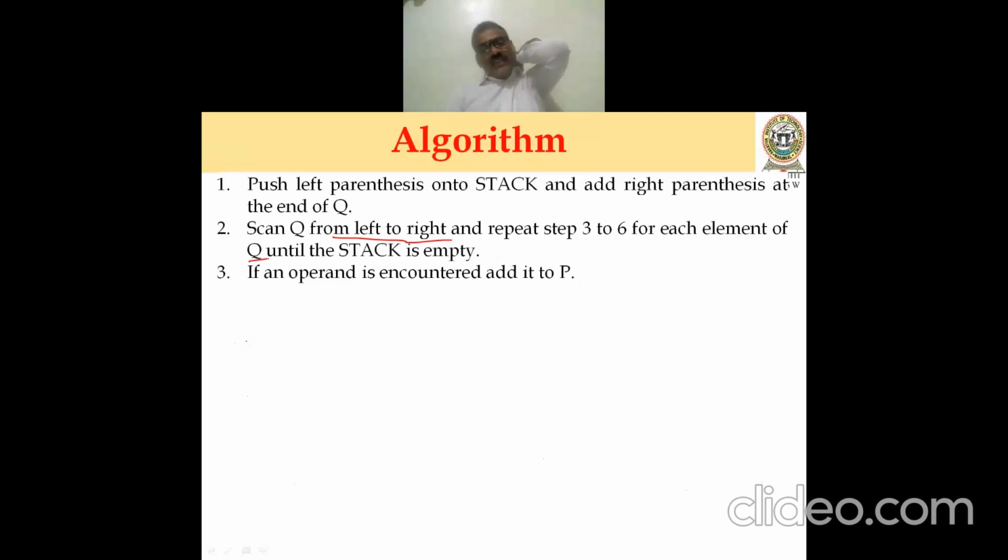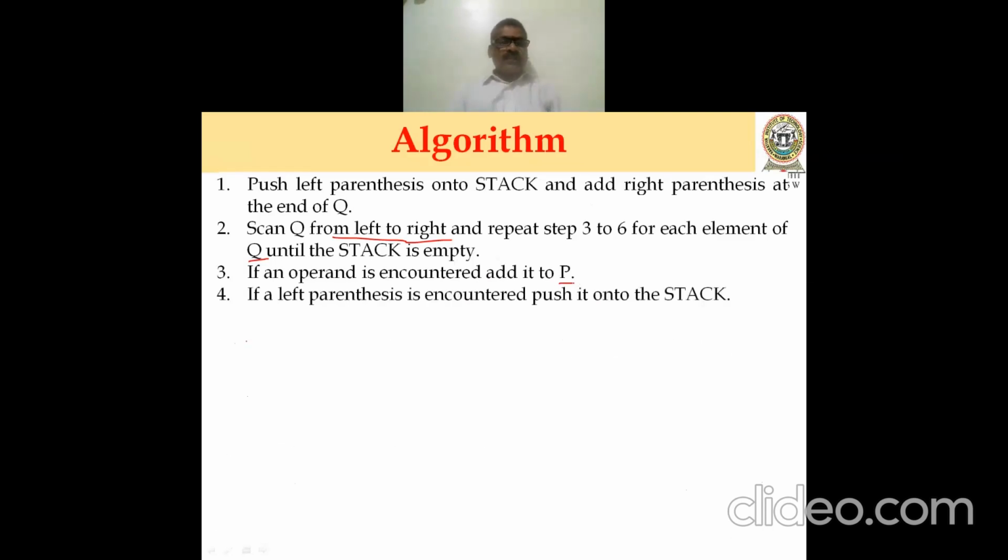So when we take an element from the queue, if an operand is encountered, then we add that operand to P. P is again the resultant string, which is nothing but the postfix string. If a left parenthesis is encountered, push it onto the stack.